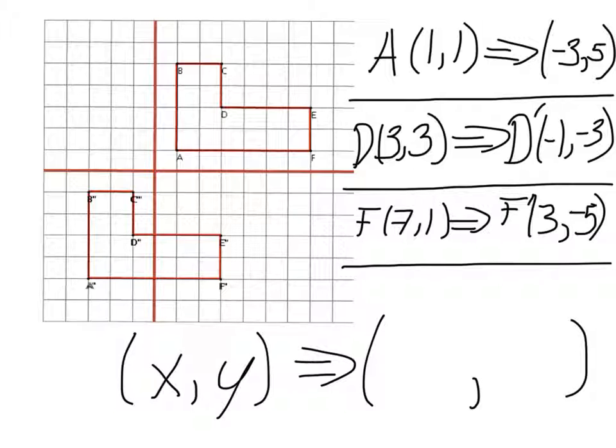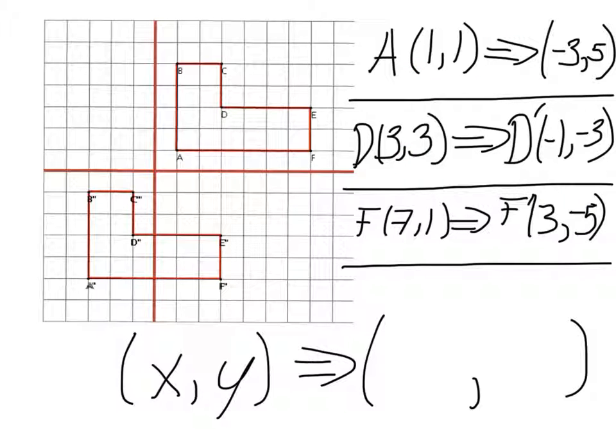Well, let's look at what happens in our picture for X. So right now, since I'm talking about X, I'm going to think about going left and right. So A, to get to A prime, had to go 4 spaces to the left. If I'm looking at D, going to D prime, it had to go 4 spaces to the left. And that's exactly the pattern that we see over with our ordered pairs that we have written out.